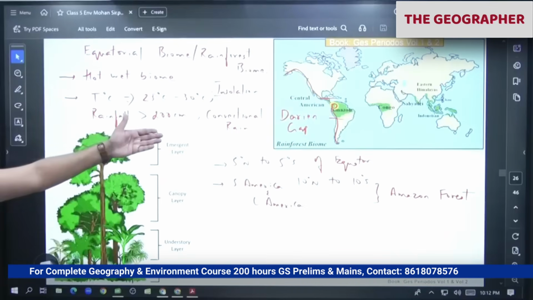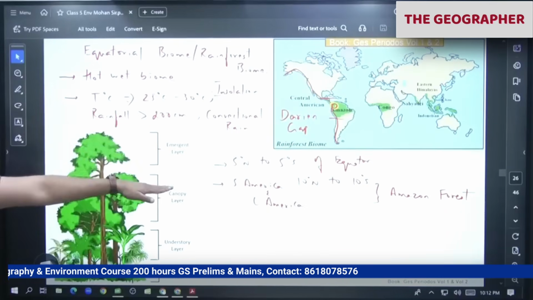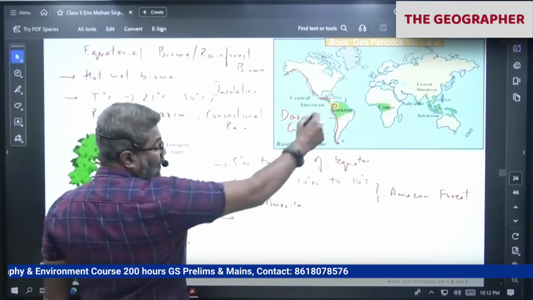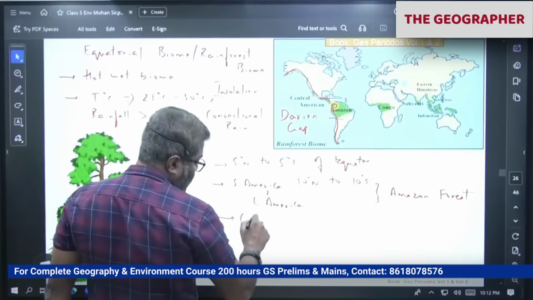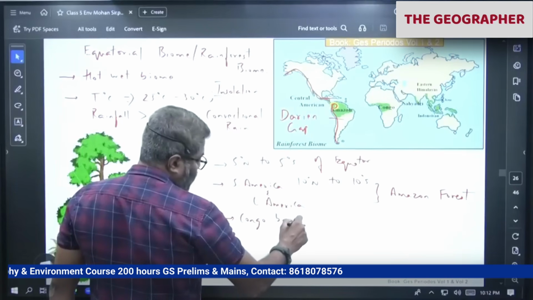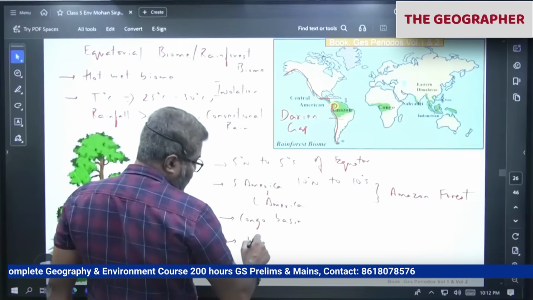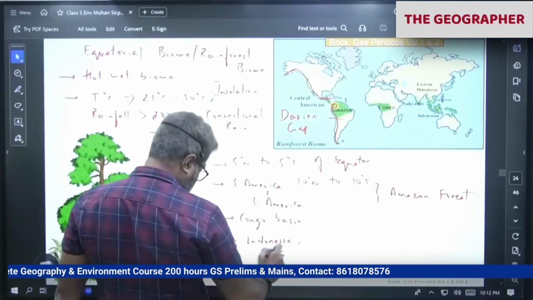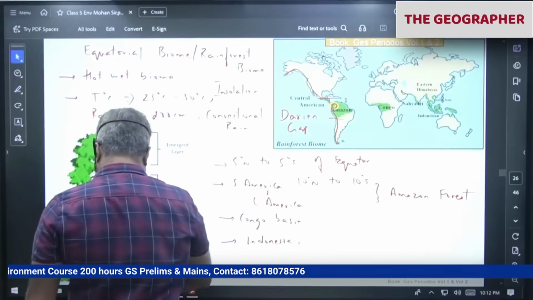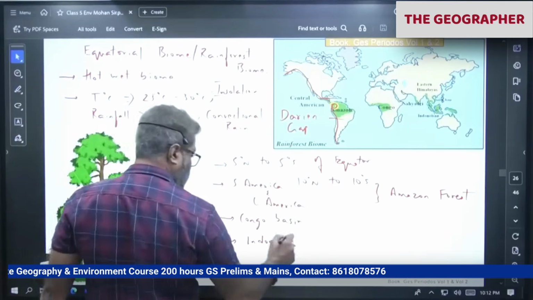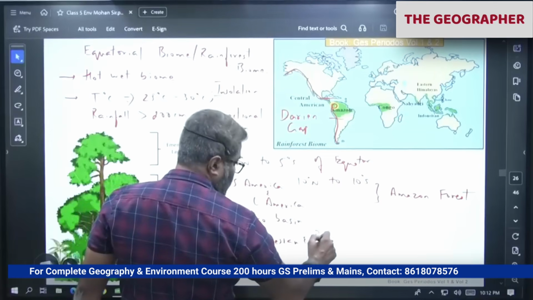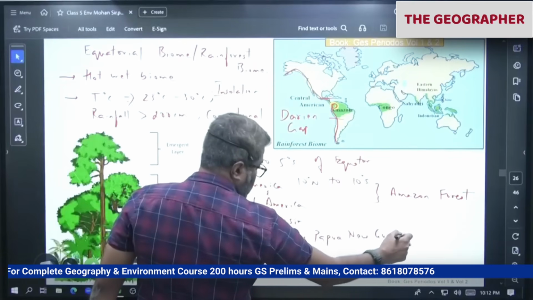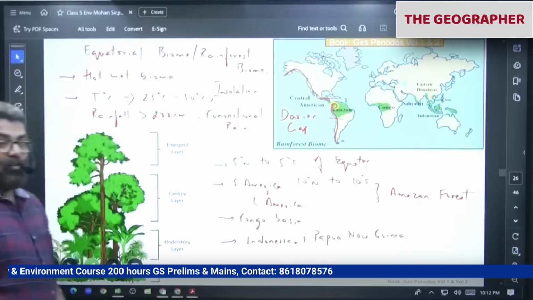Temperature, rainfall, convectional rainfall, location. Apart from South America and Central America, there is Africa, the Congo Basin, Indonesia, and Papua New Guinea rainforest.